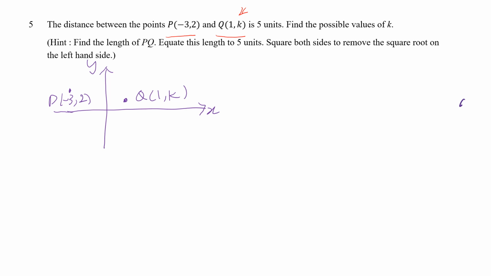And you are told that when you join a line from P to Q, the line segment, that means the distance from P to Q, is 5 units. All right. So if you're talking about distance, what does distance remind you of? Yes, distance will remind you of the length of a line segment, right?